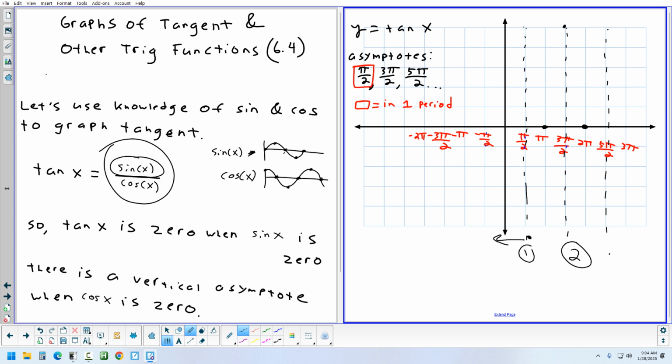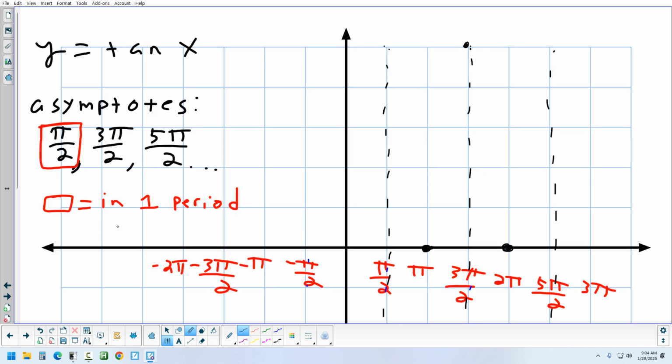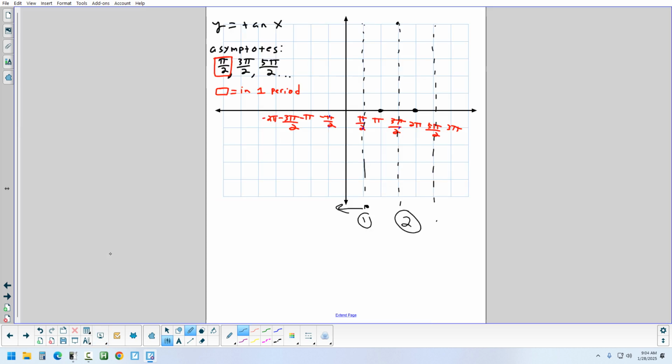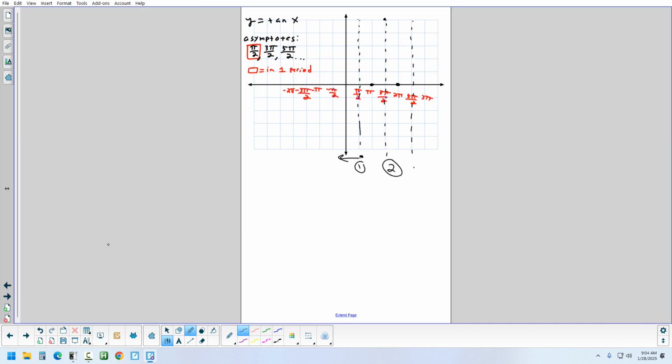So now I need to connect these 3 dots. And they're going to be connected in kind of like a curve. What I'm going to do is make that smaller, it's easier for me to draw it like that. I have to stay very close to the asymptote, like that.